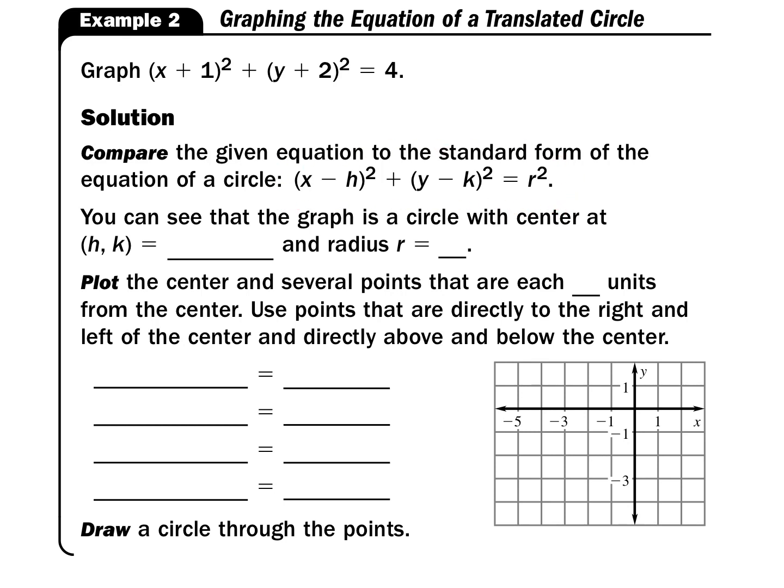They gave us the equation (x plus 1) squared plus (y plus 2) squared equals 4. So we want to compare the given equation to the standard form of the equation of a circle. The standard form has x minus h, but we have x plus 1, which means that negative h equals positive 1.